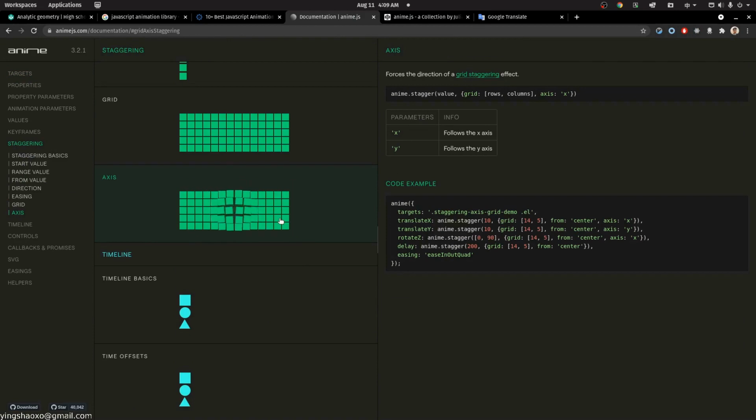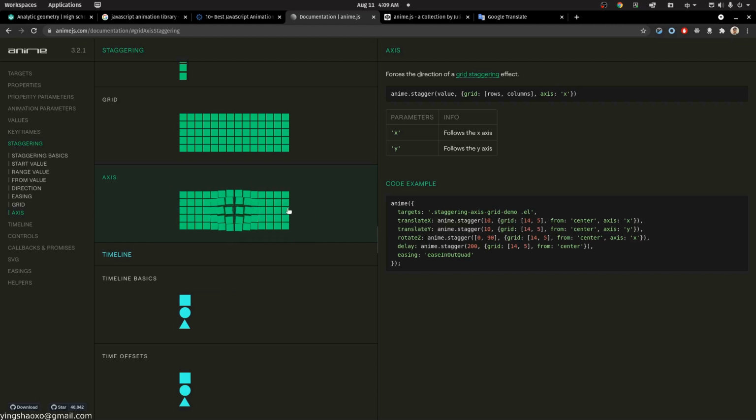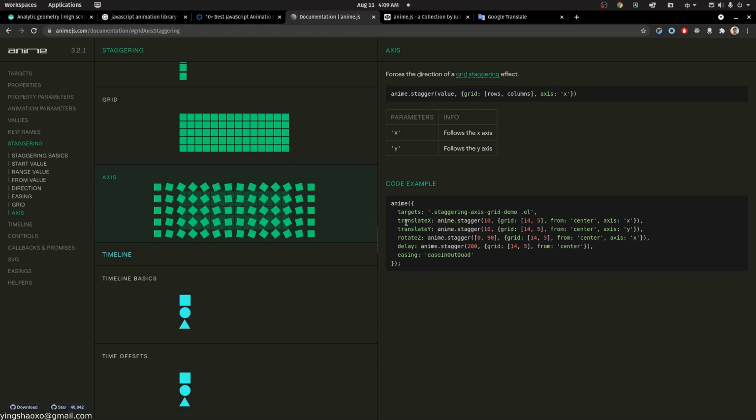When you look at this animation, you may think it's so complex. But it's not. It's just the result when you change multiple properties of that object together. First it changes the location or coordinates of each small cube, for example the translate x and translate y.